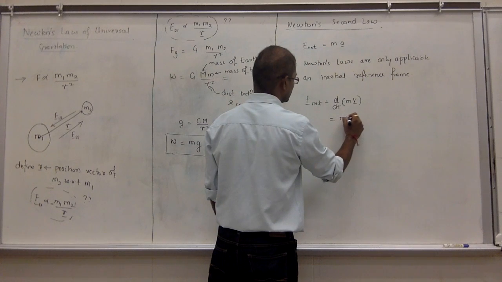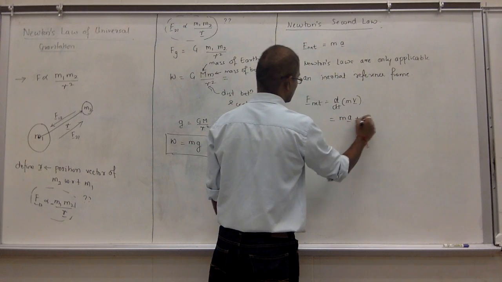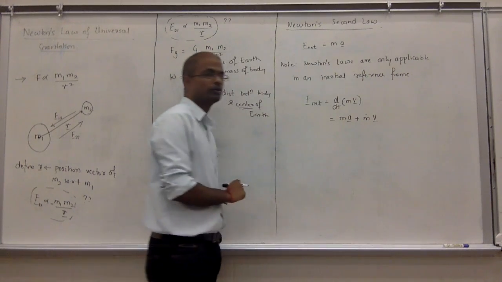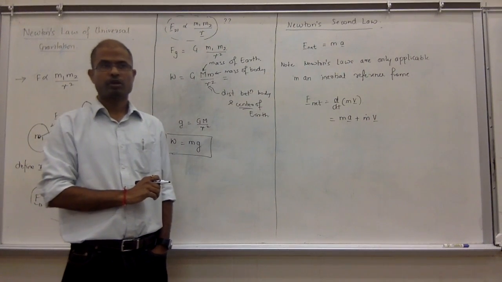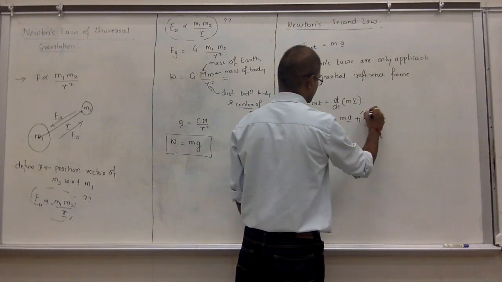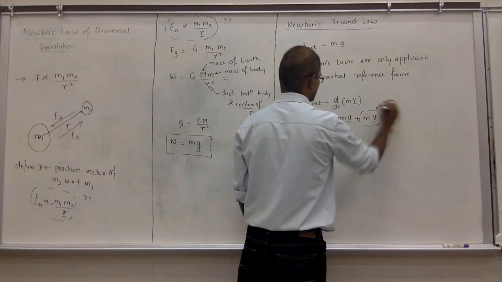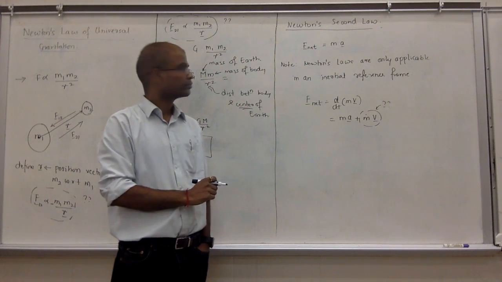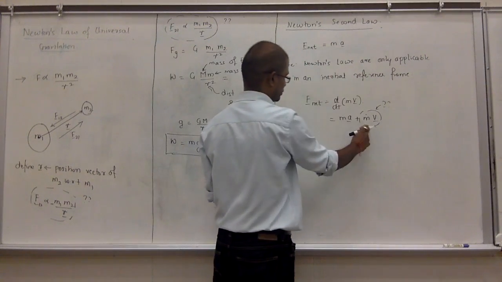You apply the product rule. So what happened to this quantity? This is derivative. So why is this quantity not here?